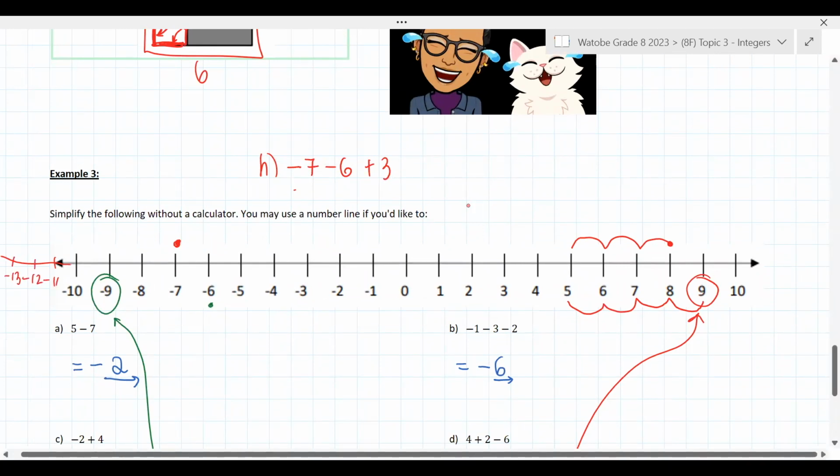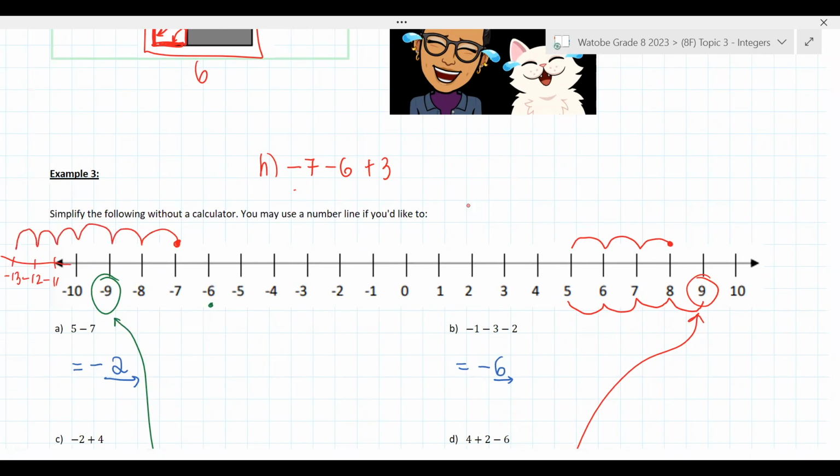I'm subtracting 6. 1, 2, 3, 4, 5, 6. So I'm currently sitting at negative 13. But then I want to add 3. So now I need to move to the right. So I go 1, 2, 3, and I stop at negative 10. Because I added, I'm getting closer to the right, but I'm still in the negatives because I'm not adding enough to go past 0 and into the positives.